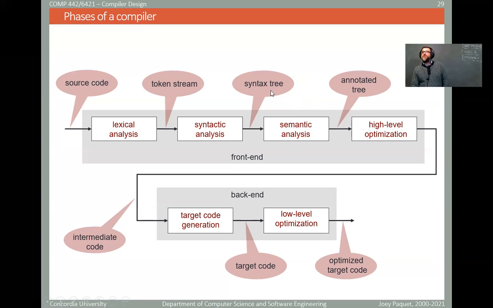Then what you want to do is to figure out if this program that you receive can actually have a meaning. Because, for example, I may utter some sentences which are syntactically correct, but are totally unintelligible.